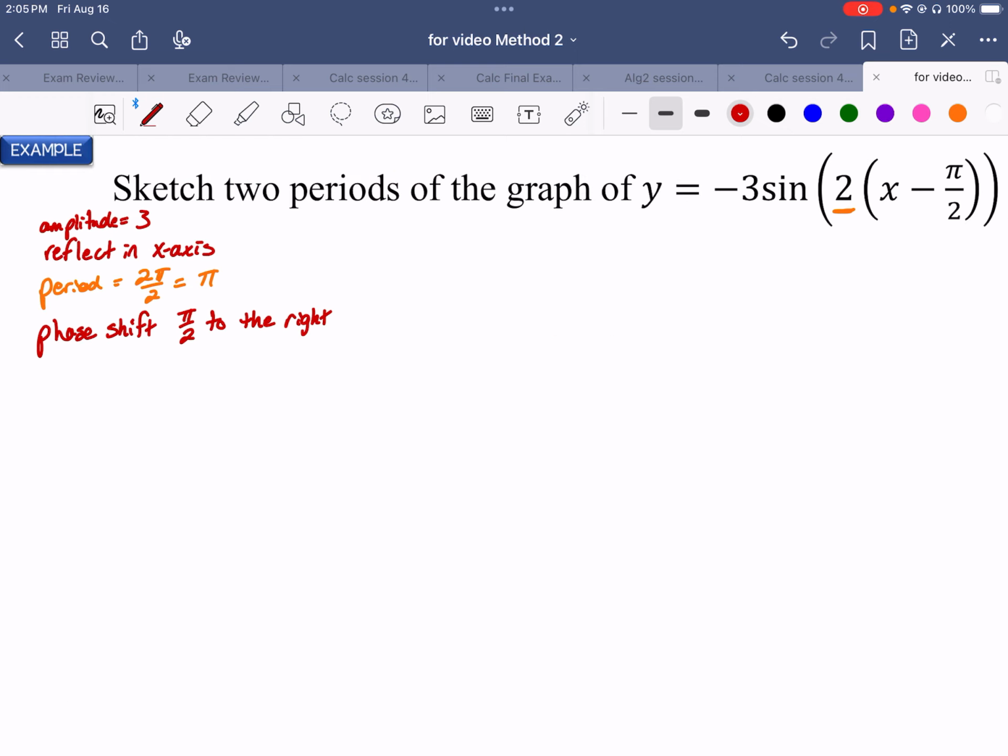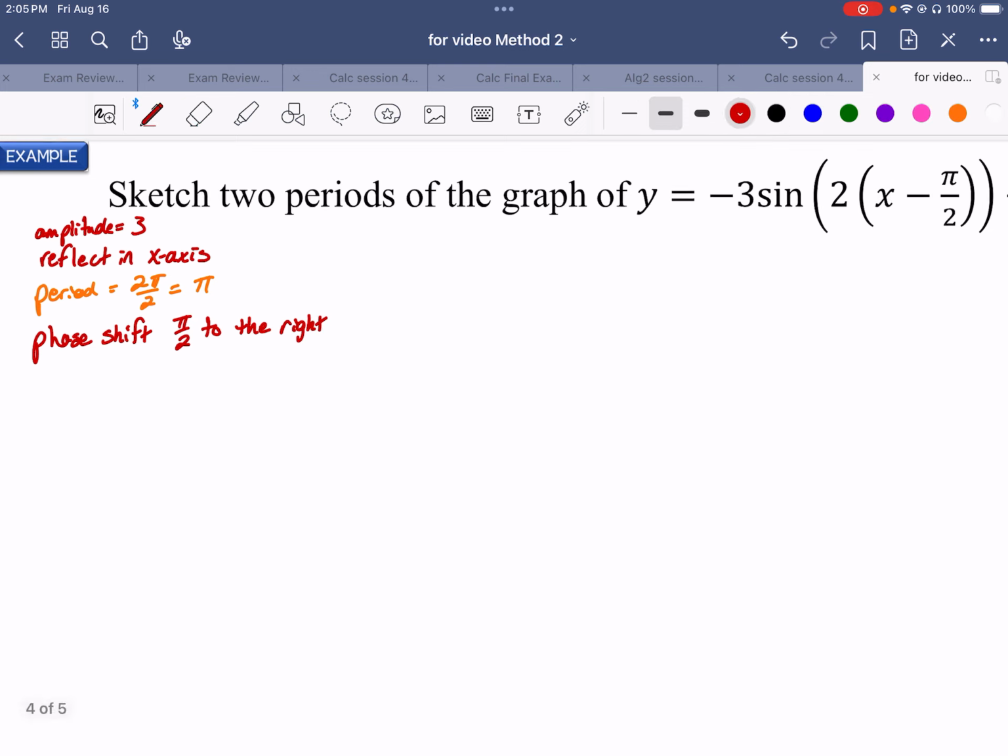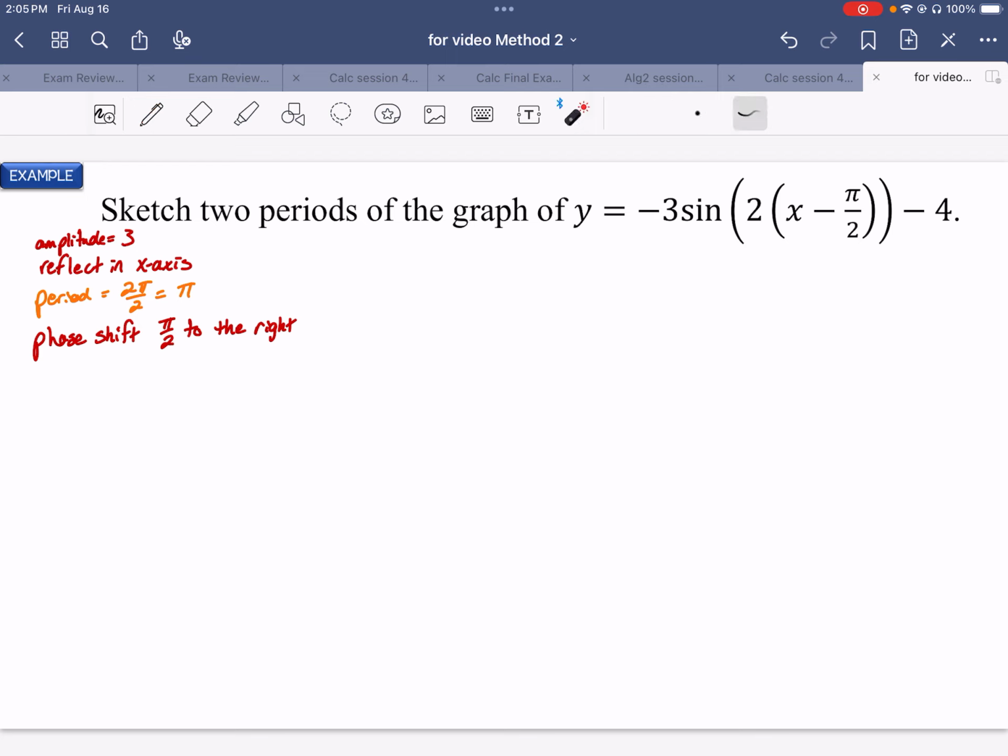If this had been a positive here, then you would have to indicate that it's going left pi over 2, or you could say that the phase shift is negative pi over 2, depending on what you prefer. Or if you're a student watching this, whatever your teacher prefers. All right, and then the last transformation is going to be the vertical translation, which is a -4 here, so of course that means we're going to go down 4.